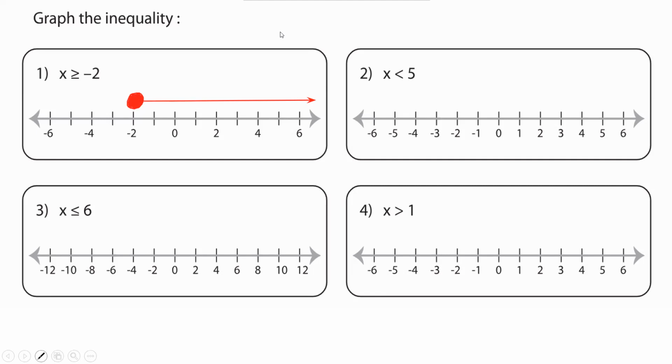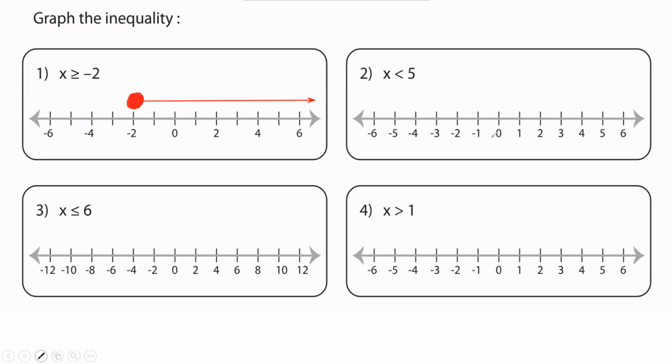Now let's move on to the next one. Here we have x is less than 5. For x is less than 5, do we do a shaded circle on top of 5 or an unshaded circle on top of 5?